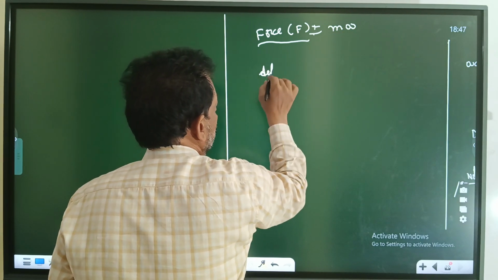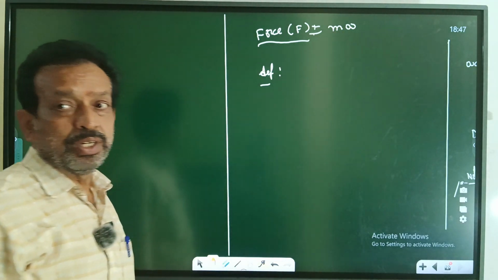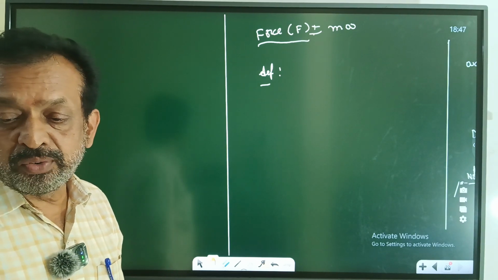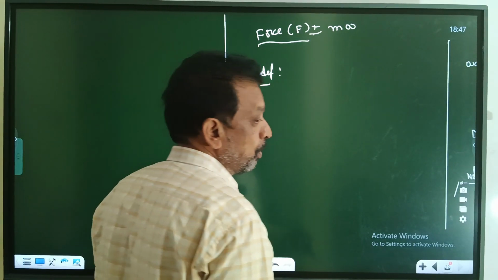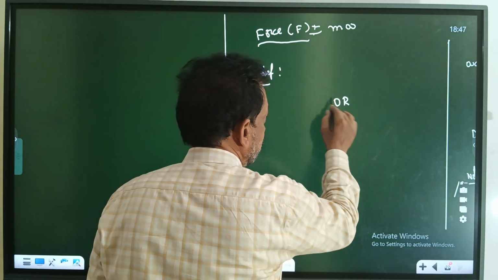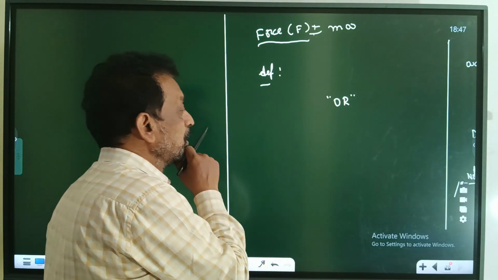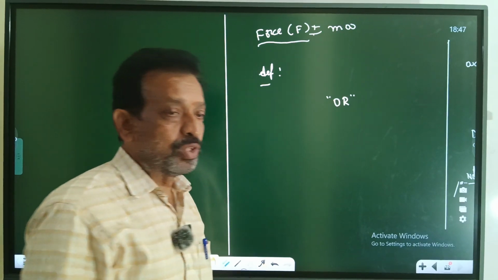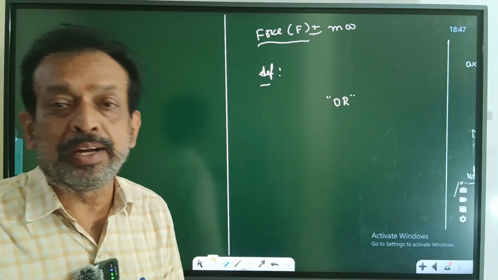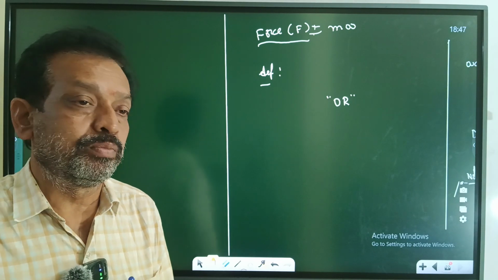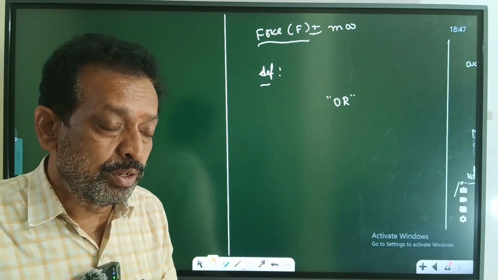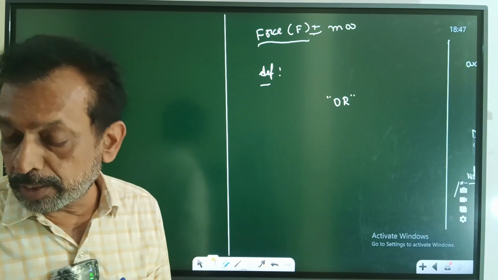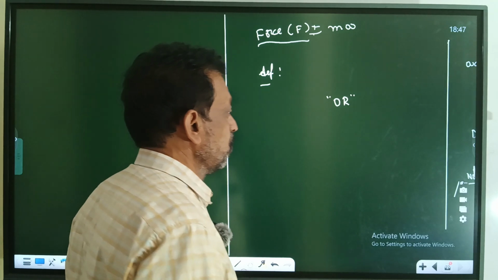So write the definition: either a pull or a push is called force. Or, the force is that which tries to change the position of the body. Then only we call it force.